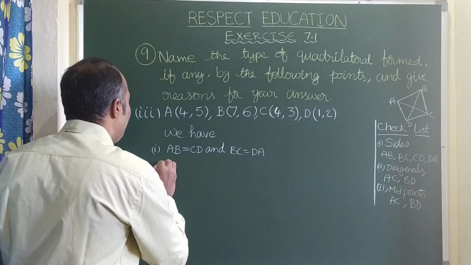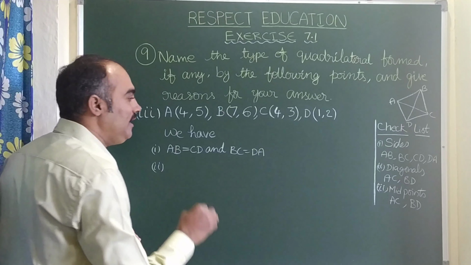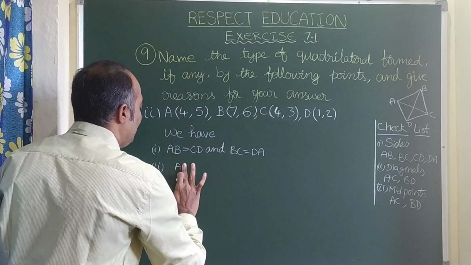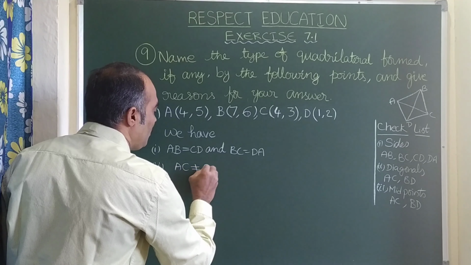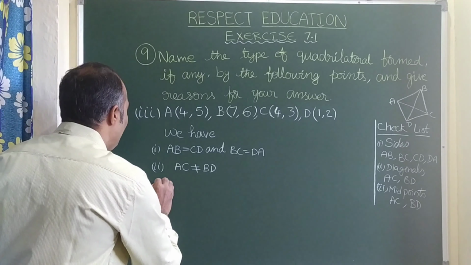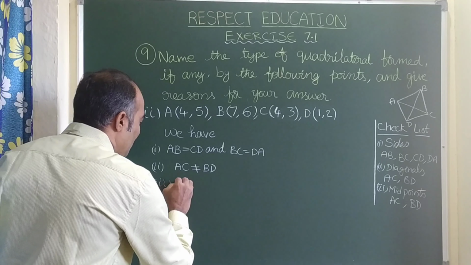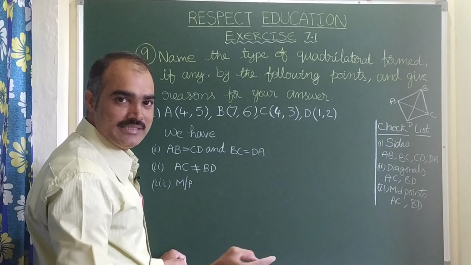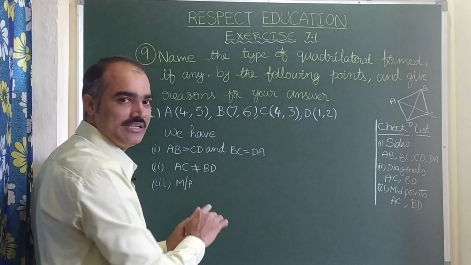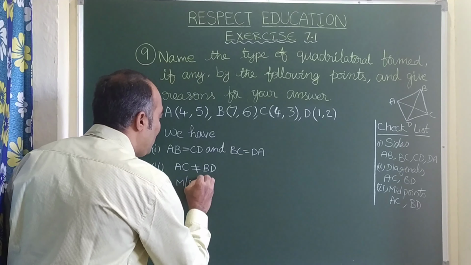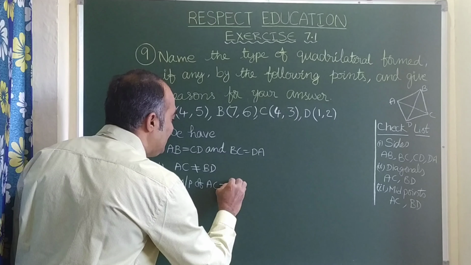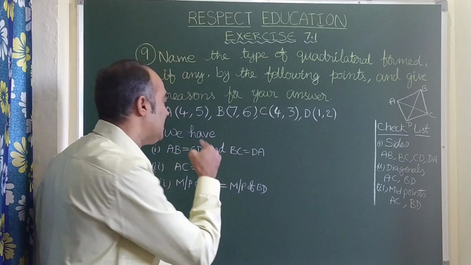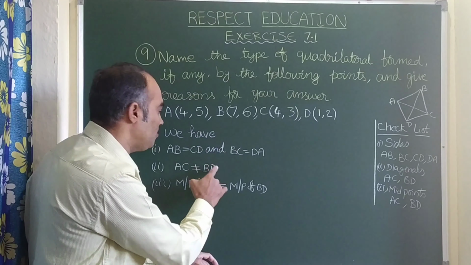In the same way, from equation 2 we get that AC is not equal to BD. Third, the midpoint of AC is equal to the midpoint of BD. I am writing midpoint in shortcut here, but please do not write this in the examination. These are the conclusions we got from equations 1, 2 and 3.